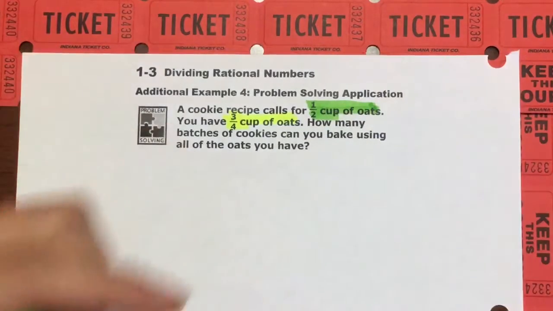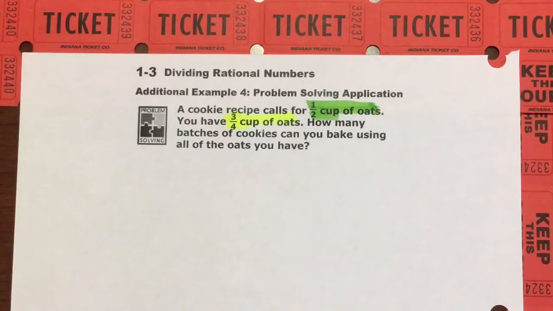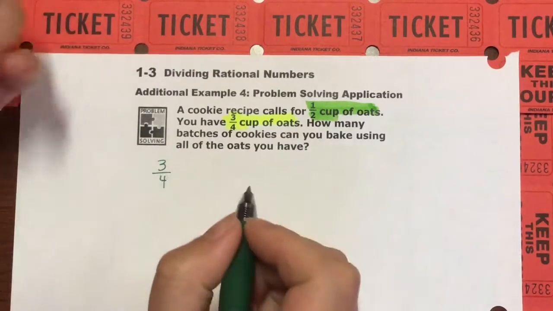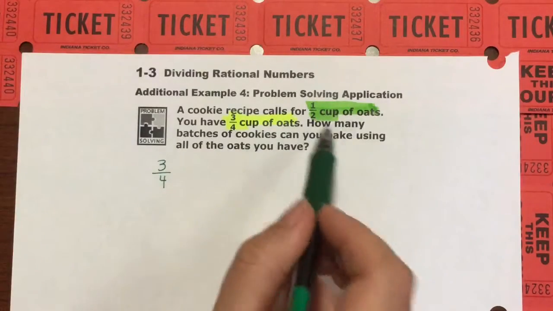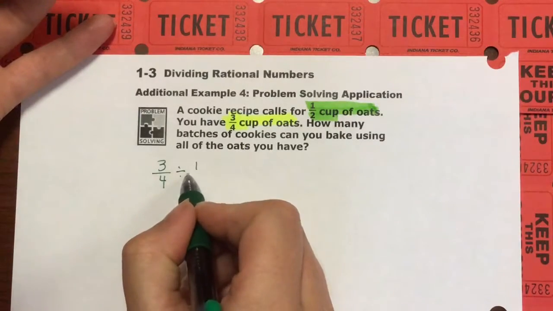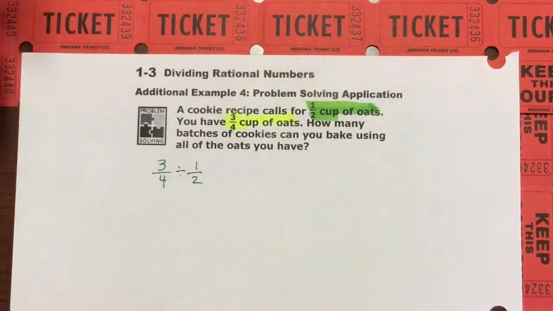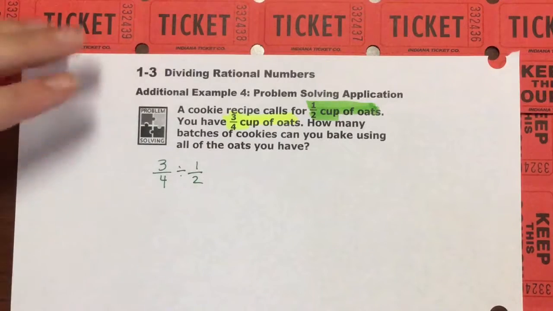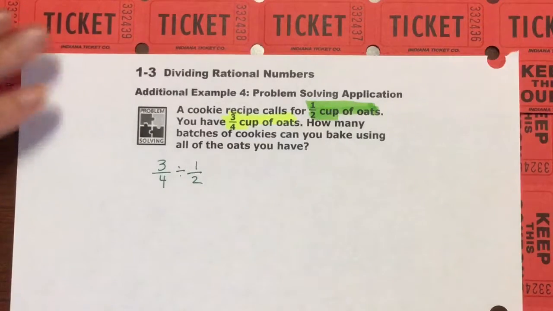So basically, I think that if we take what we have, 3/4, and we divide it by the amount that we need for each batch, which is 1/2 cup, then we should figure out how many batches of cookies we can make. So, pretty simple, just 3/4 divided by 1/2.